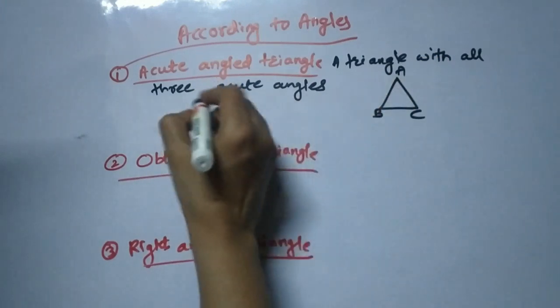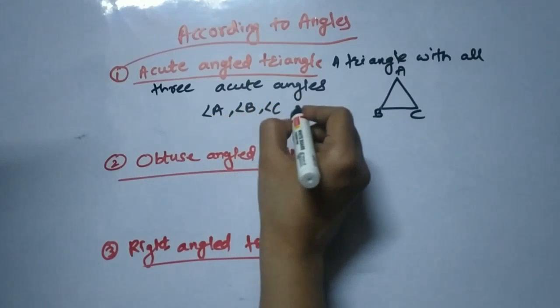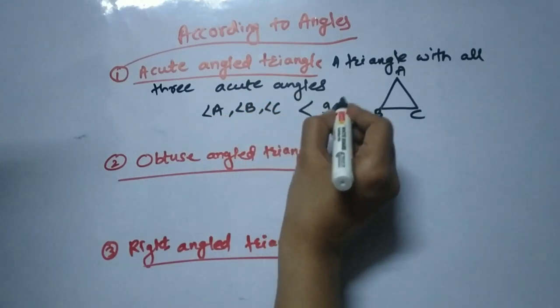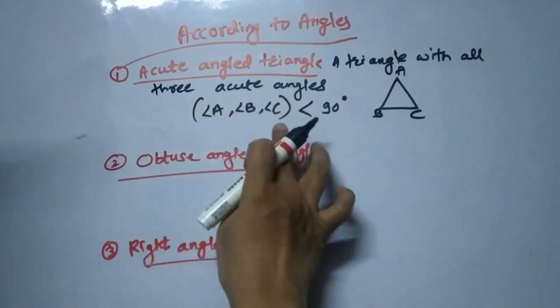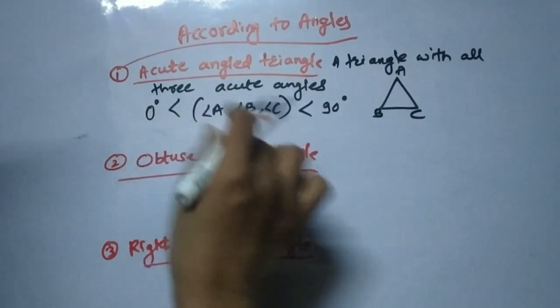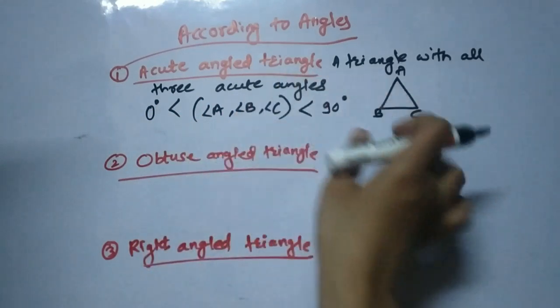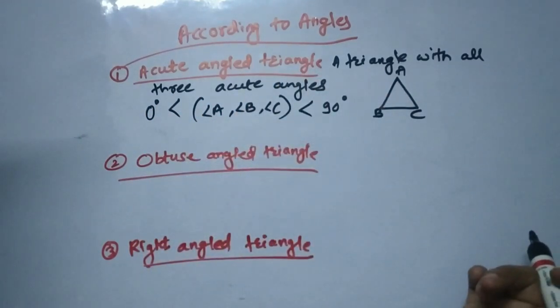Here angles A, B and C should all be less than 90 degrees. Means they should be greater than 0 degrees, but their measurement should be less than 90 degrees. Then only you can call it an acute angled triangle.